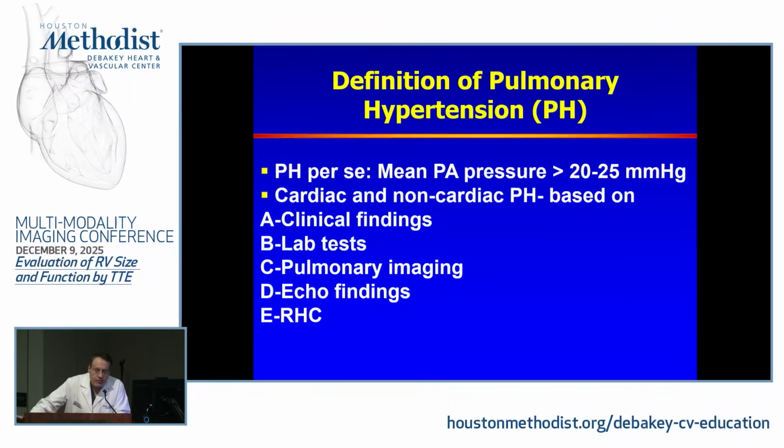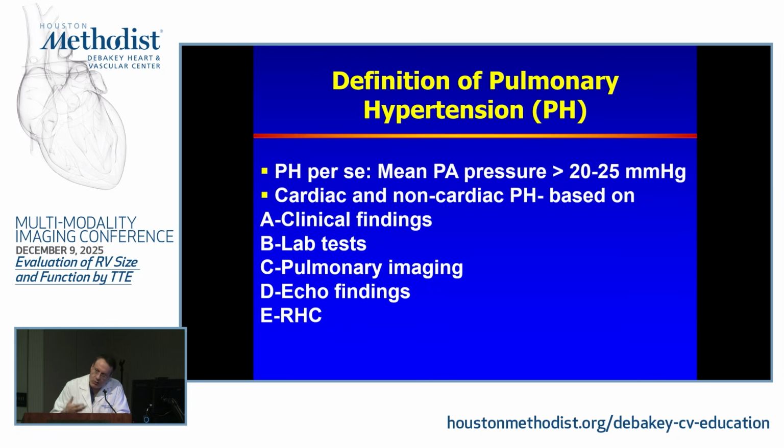We're going to talk from now till the end, except for the last 3 slides, on pulmonary hypertension. The definition of pulmonary hypertension was first 25, now it is 20 millimeters mercury. The goal of looking at an echo for someone referred with that diagnosis is to recognize that they have pulmonary hypertension. Then you want to be able to say, is this cardiac or non-cardiac from the data that you have?